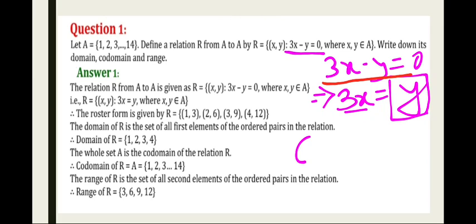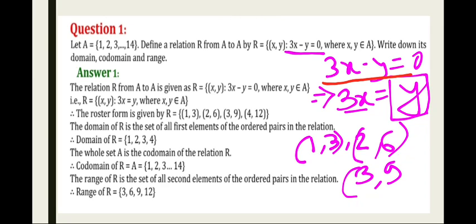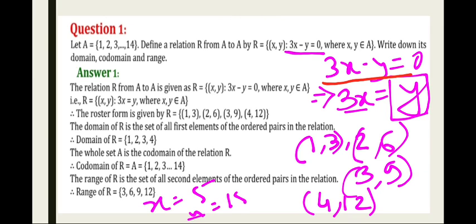That means, if you take the first element as 1, the second element will be 3 times 1, that is 3. If you take x equal to 2, 3 times 2 will be 6. This will be another ordered pair. Then 3, 9. Then 4, 12. But when you take x equal to 5, y will become 15, and as you can see, this 15 does not belong to set A, right.